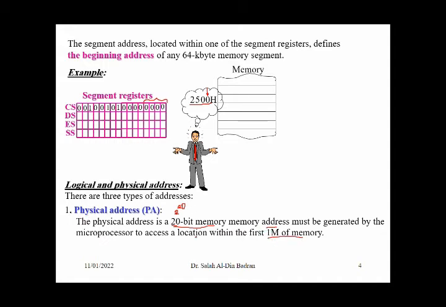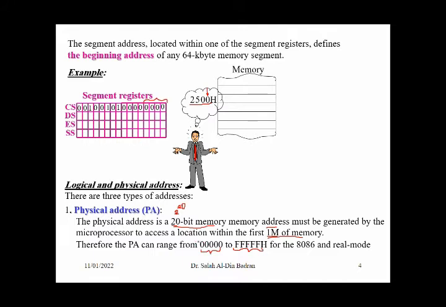Why does the microprocessor produce this space of memory? To allow it to access the memory. Therefore, the physical address can range, as you remember, over 1 mega. This is the beginning address, 5 zeros, and this is the end address, the final address.